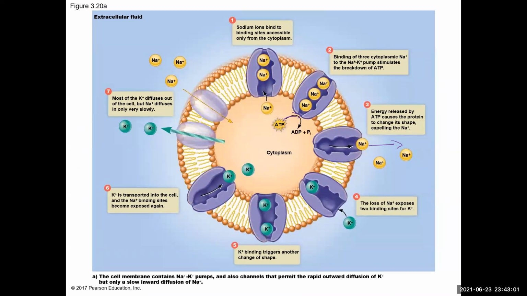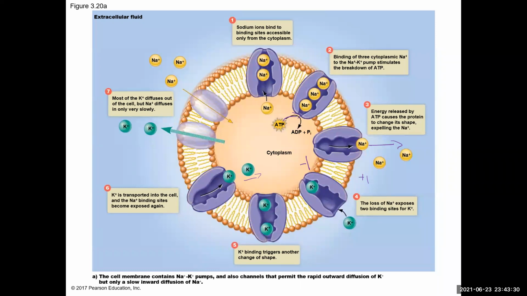Now the potassium binding sites become available. The phosphate will kick off, and then it will cause the protein shape to change back, and those potassiums will come in. And so again, you have a net loss, right? So minus 1 ion every churn of the pump on the inside, and plus 1 ion for every churn of the pump outside.